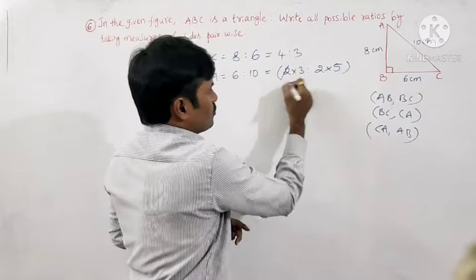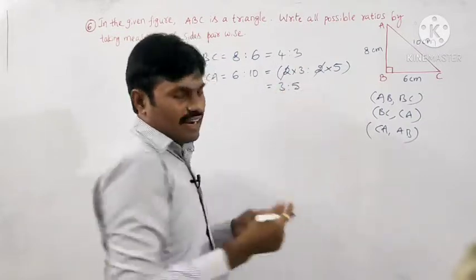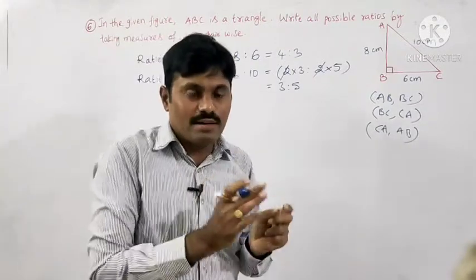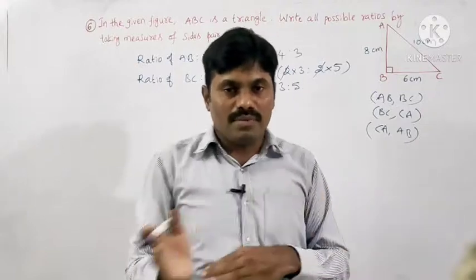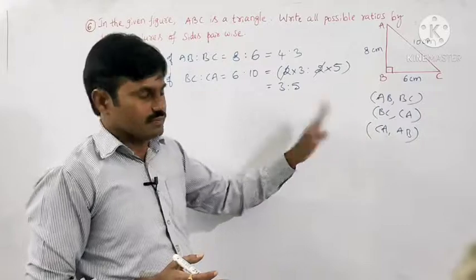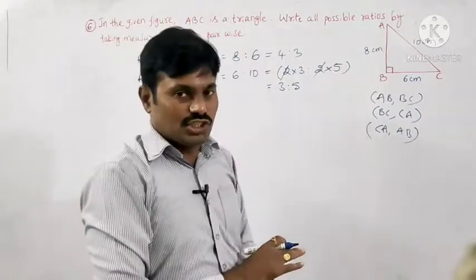Here 2 2 cancel. So what is the remaining? 3 is to 5. Or else we can divide by 2 table. If your ratio is divided by the same constant, its value doesn't change. So 6 is to 10 is equal to 3 is to 5.